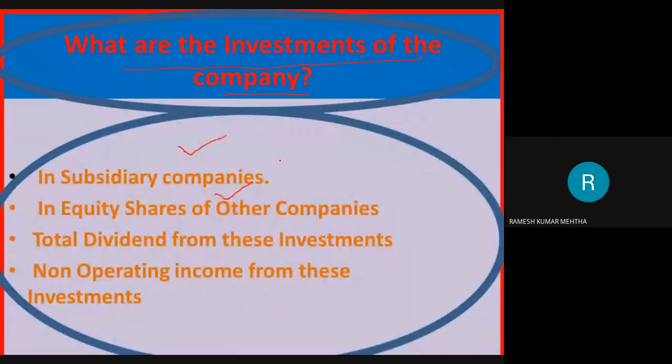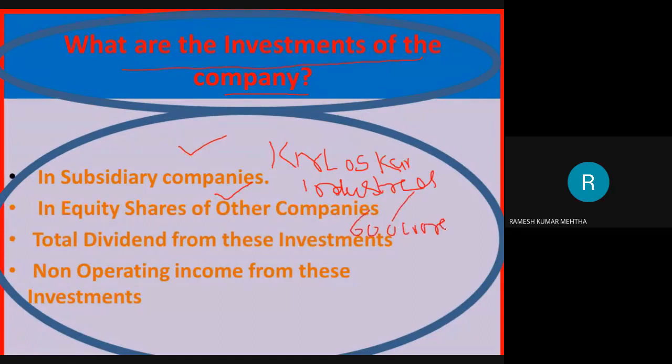For example, Kirloskar Industries Limited has almost 600 crores of investment in various subsidiaries or group companies like Swaraj Engines, Kirloskar Oil Engines Limited, Kirloskar Ferrous Limited, Kirloskar Iron and Ferrous Limited, and many others.